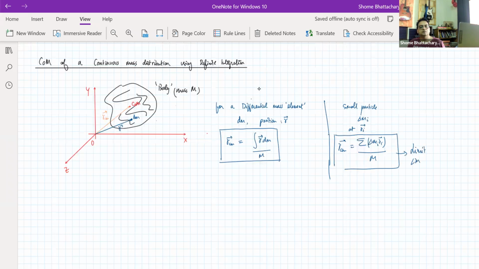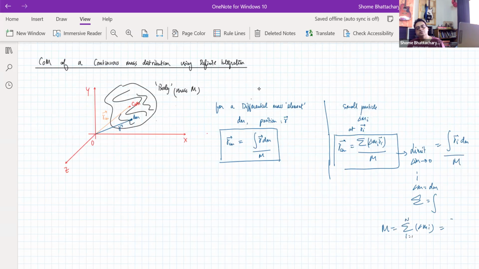So now when we apply a limit, that in this equation, delta m tends to 0. So in that case, delta m is written as dm, and the summation becomes an integration. So this becomes integration of r dm divided by total mass, where total mass would be summation of these delta mi's.